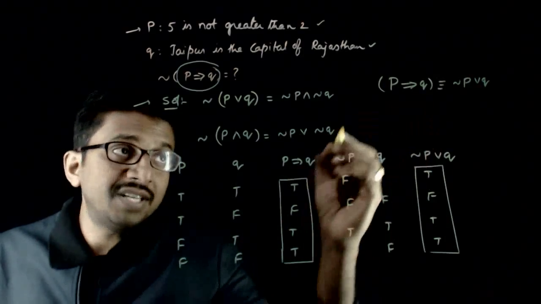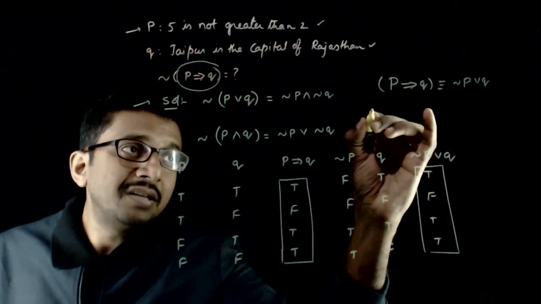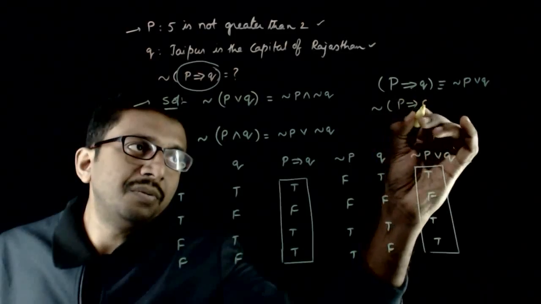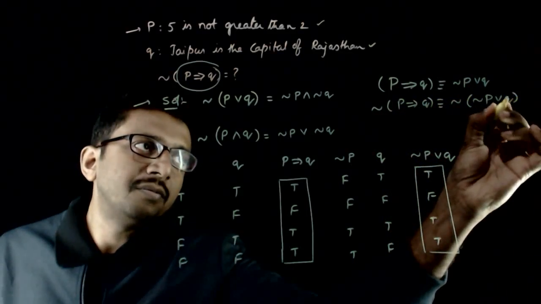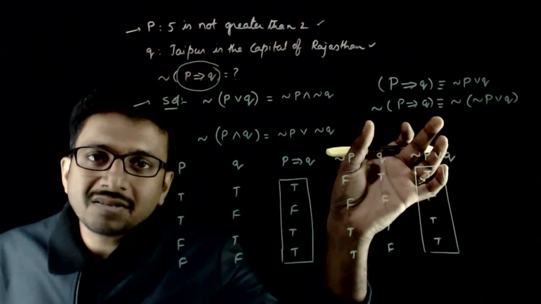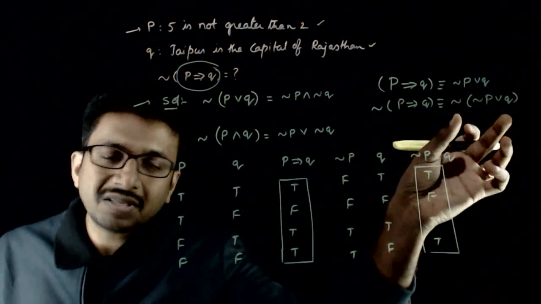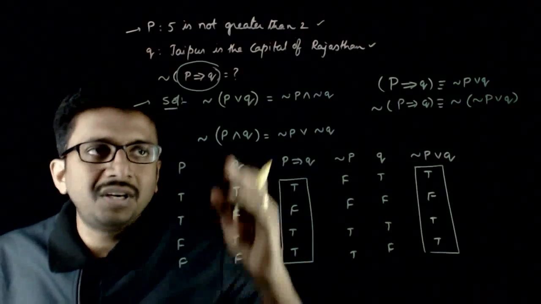If these two statements are equivalent, then not of P implies Q is equivalent to not of not P or Q. The negation of this will be equivalent to the negation of this, but this negation is very easy to find using De Morgan's laws.